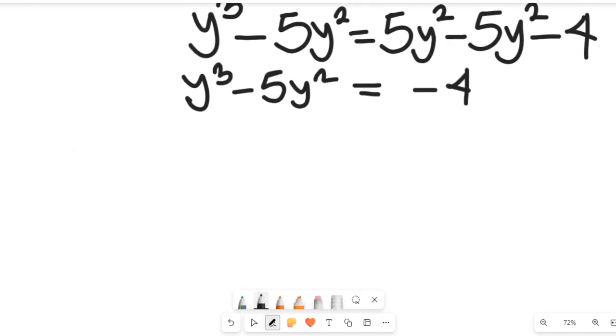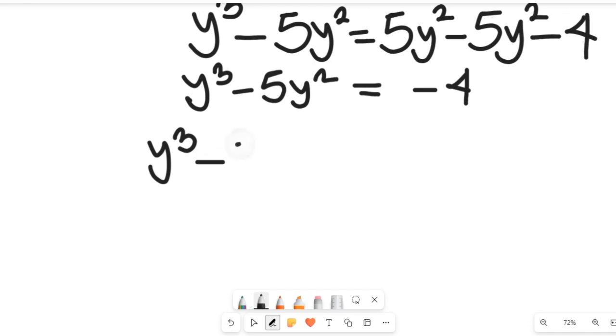If we add 4 to both sides, we'll have y to the power of 3. The reason why we are adding 4 to both sides is to make sure that the right hand side is equal to 0. So the only way we can do that is to add 4 to both sides.